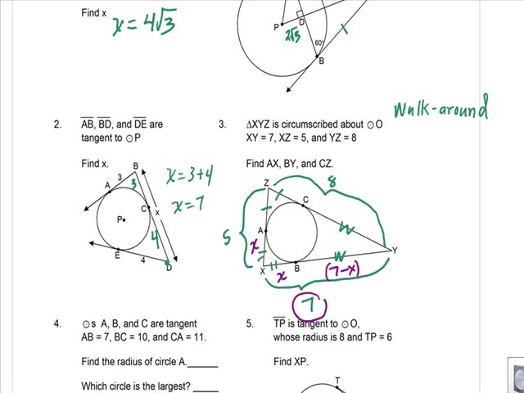So what would CY be? 7 minus X. All right. Well, what does ZC and CY add up to? It adds up to 8. So ZC is going to be 8 minus 7 minus X. This part is going to be 8 minus, put it in parentheses, 7 minus X.